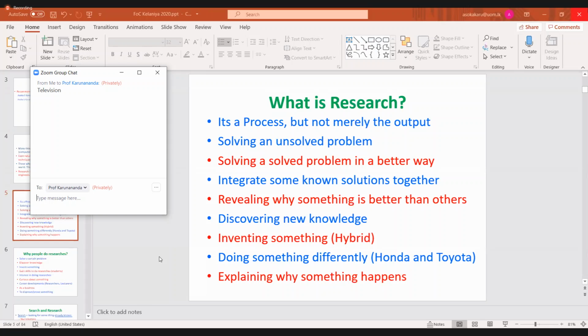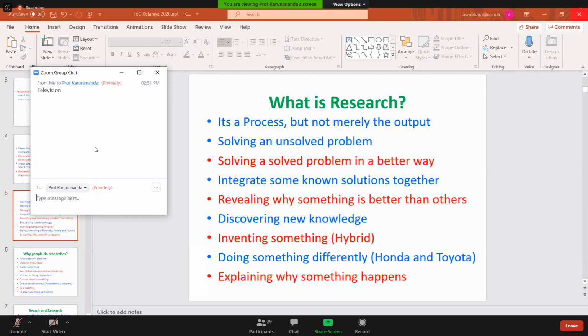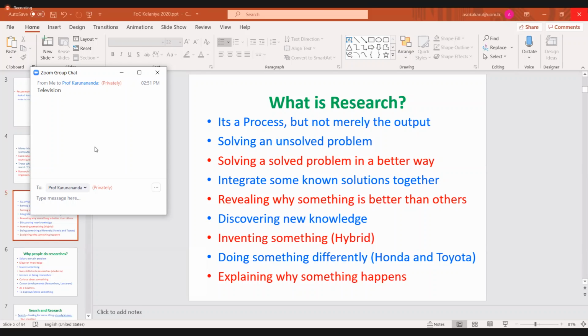But when Toyota came up with its hybrid idea, it was designed in such a way that when the engine works, the battery doesn't work, and when the battery works, the engine is silent. So one at a time, or both at the same time. Two different ways of looking at it.